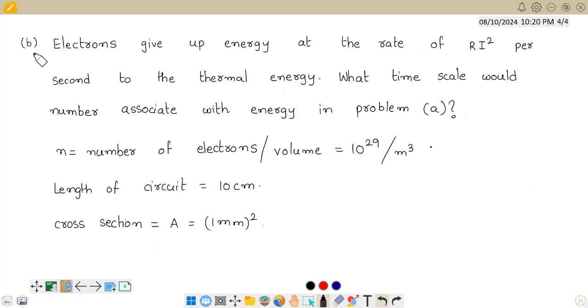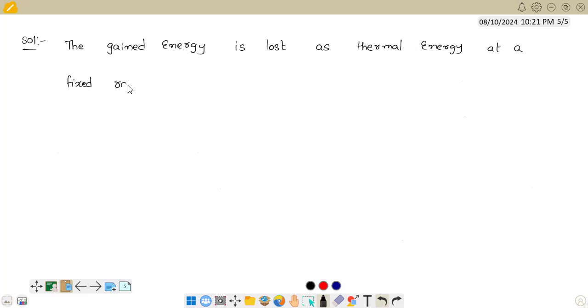That means he is indirectly saying the gained energy is lost as thermal energy at a fixed rate of Ri square. So let us try to find the power loss.